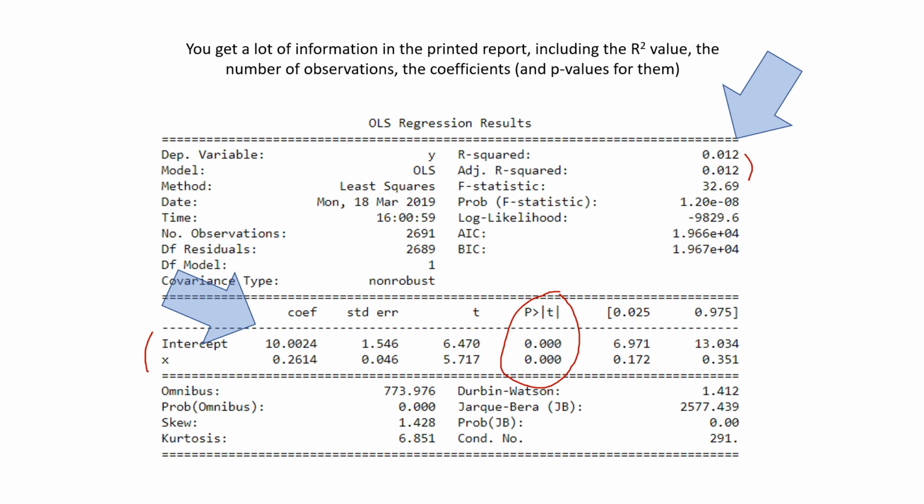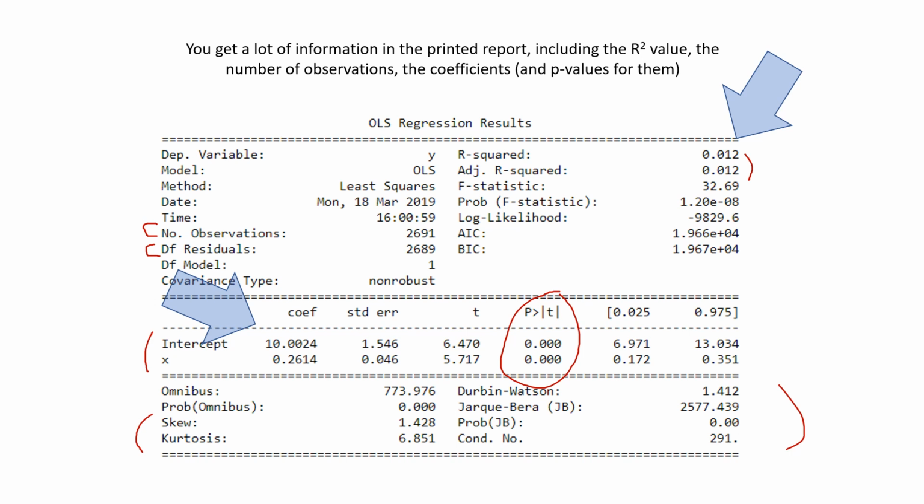There's a lot of other extra features here. There's information about the number of observations. There's information about the degrees of freedom. There's information about the normality of the data. There are tests to figure out how normally distributed our data are.